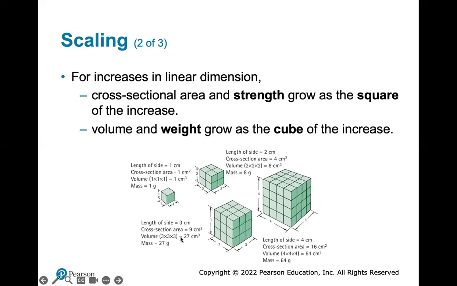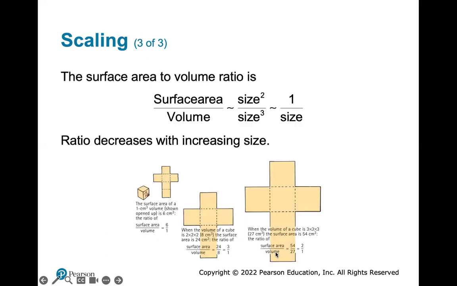The volume is 27 cubic centimeters, and the mass is 27 grams. And if we go to 4, the length of a side is 4 centimeters. The cross-sectional area is 16. The volume is 64 cubic centimeters, and the mass is 64 grams.